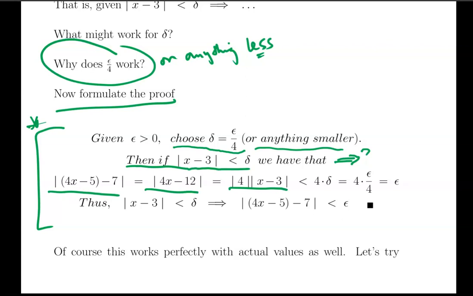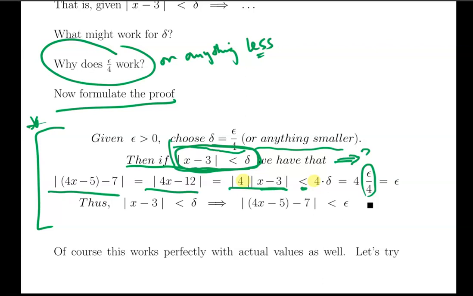Now notice that this 4 and this 4 are equal, and notice that this statement here says that |x - 3| is less than epsilon over 4, because that's what we're saying above. And so you can use the less than sign and replace the delta with epsilon over 4. These then cancel and you have your epsilon.